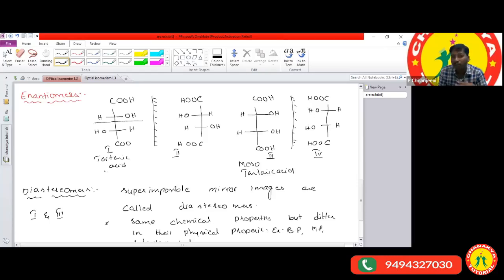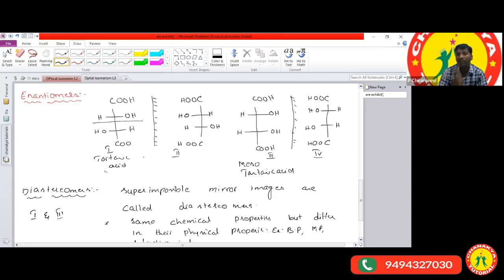So half of the part is similar to the first structure. If the positions of the hydrogen and OH are the same, we can call it superimposable. So half of the structure is superimposable, and due to that reason only, 1 and 3 we can call diastereomers.